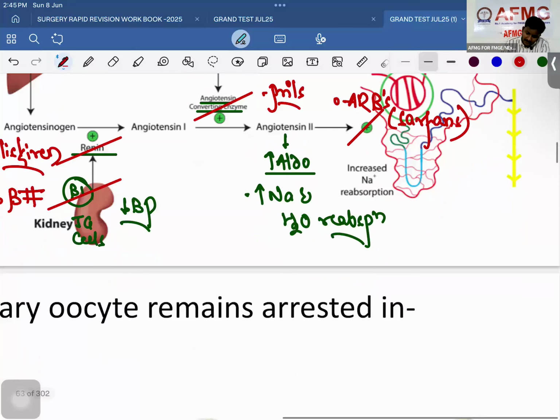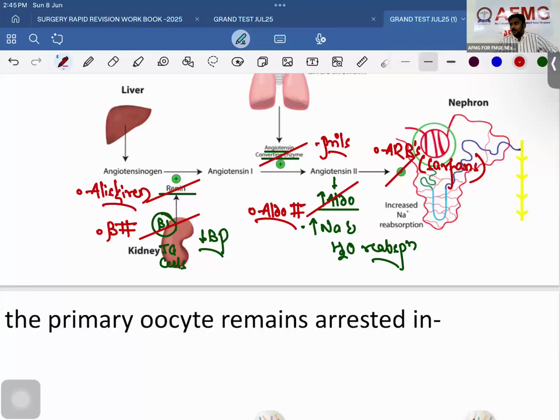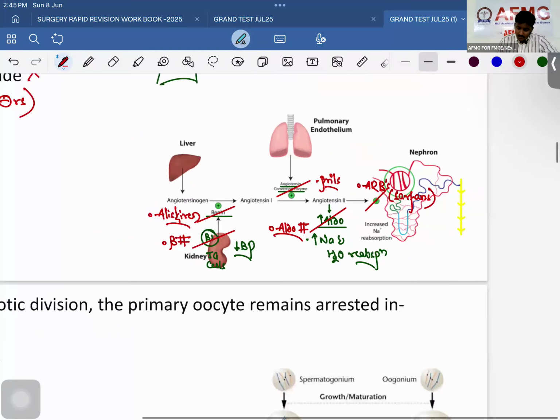Which drug will act at this site? Aldosterone antagonist drugs like spironolactone or eplerenone block the aldosterone action. Hopefully clear to all of you now. याद रखना ये बात, वो ये मार्क करके एग्जाम में पूछ चुके हैं पहले, ठीक है?